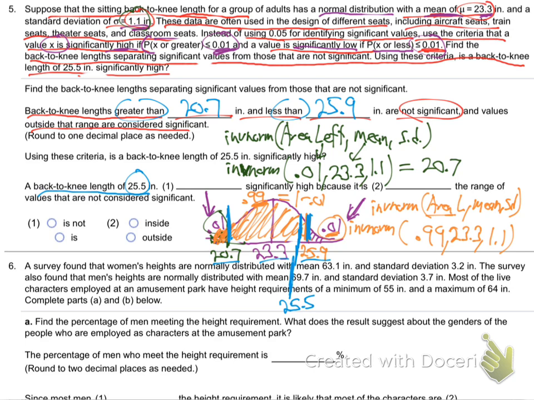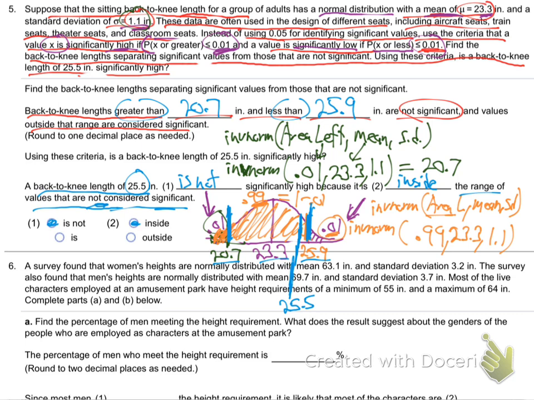So it is not significantly high, because it is inside the main curve. It's inside the range of values that are not considered significant, between here and here, the middle section that's not considered significantly high or low.